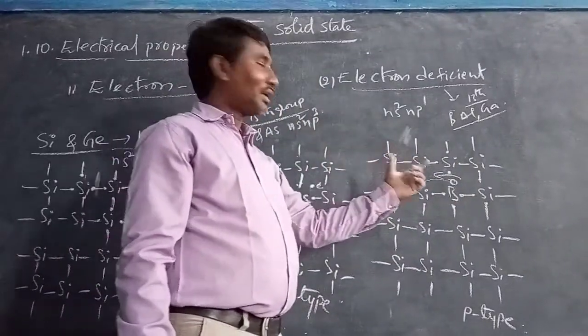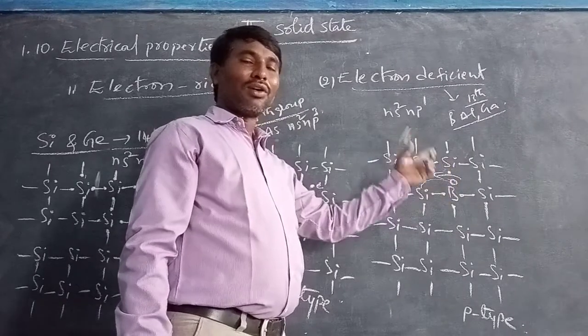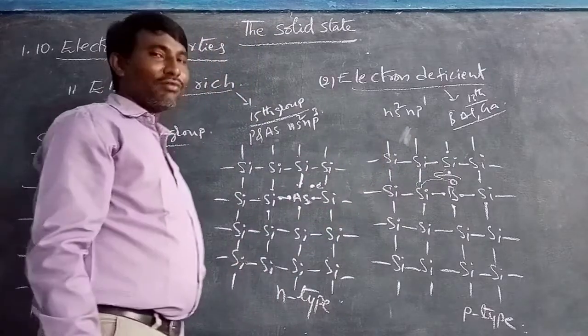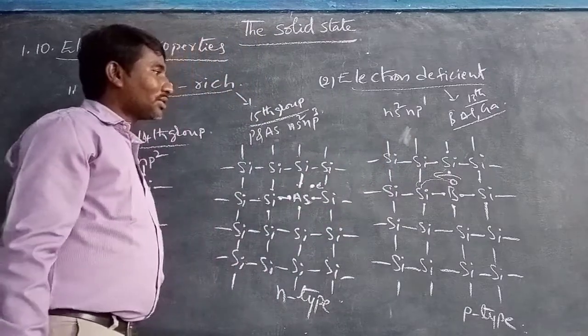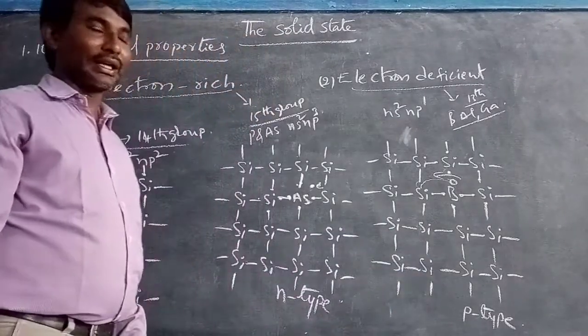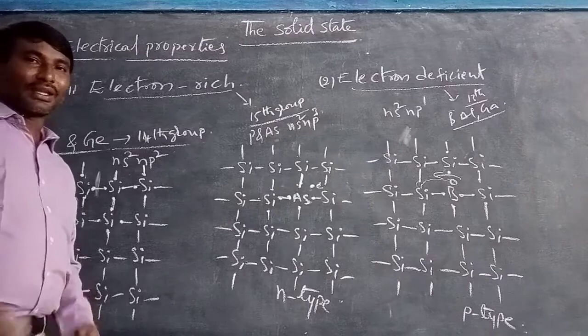So this is a p-type semiconductor, and that doping is called electron deficient doping.